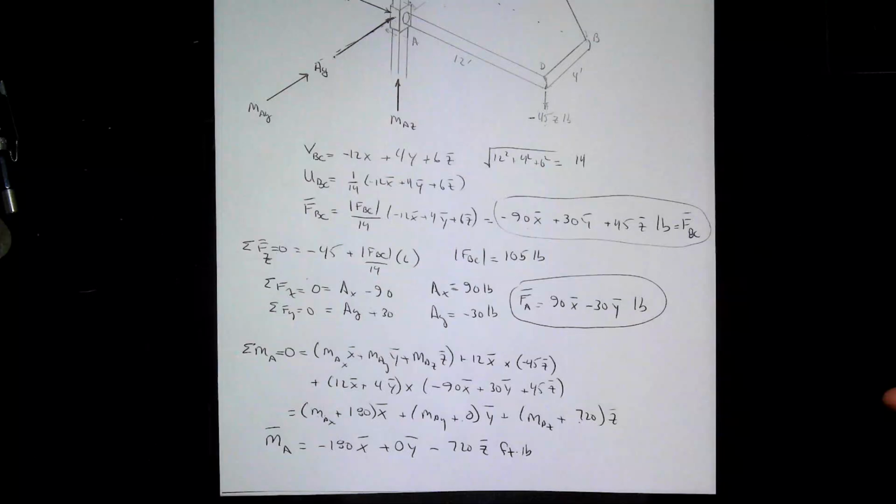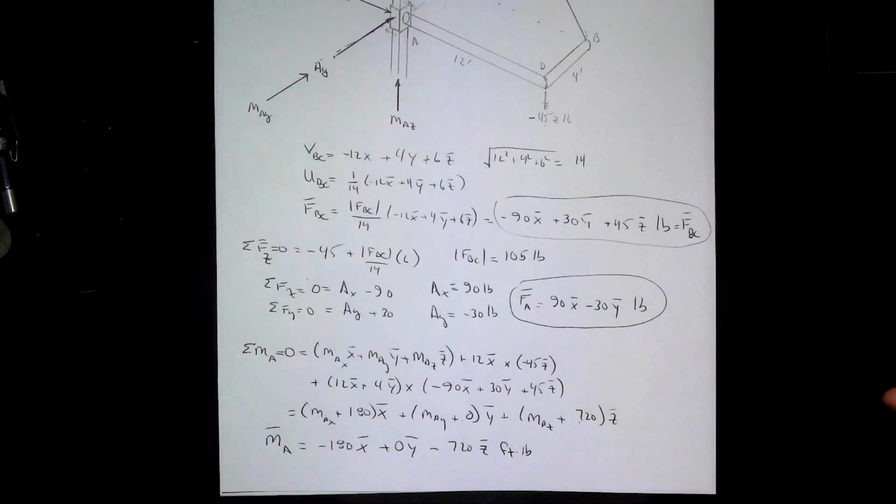So this will be 1 on 14 times minus 12x plus 4y plus 6z. So what does our tension vector look like? FBC will be whatever the magnitude of FBC is, which we haven't figured out yet, over 14 times minus 12x plus 4y plus 6z.